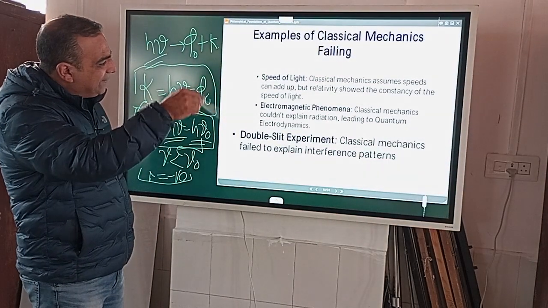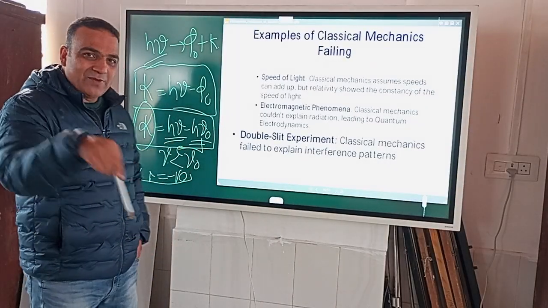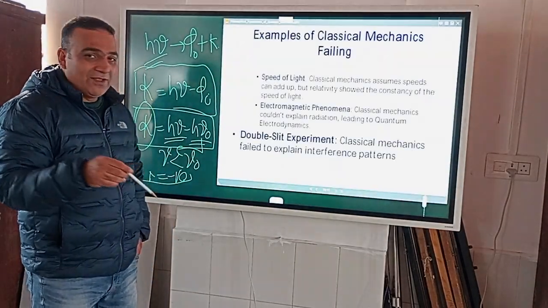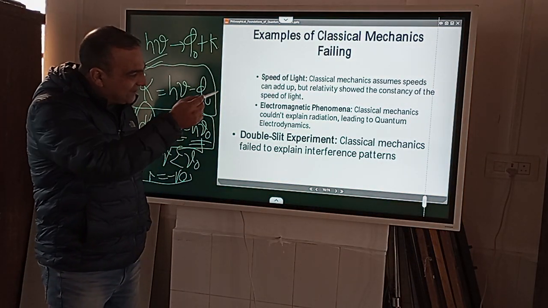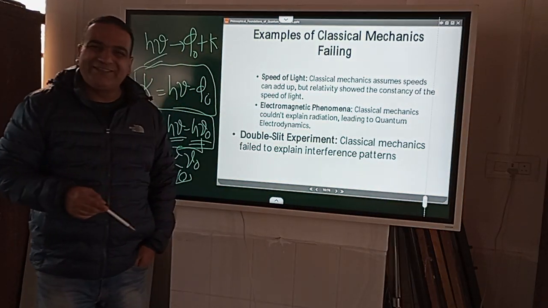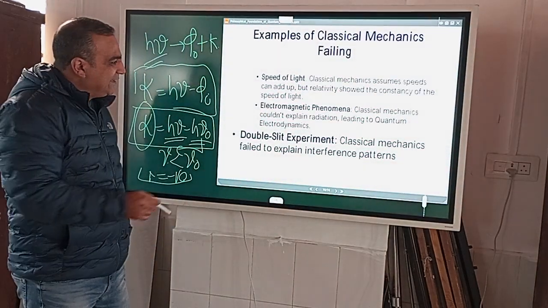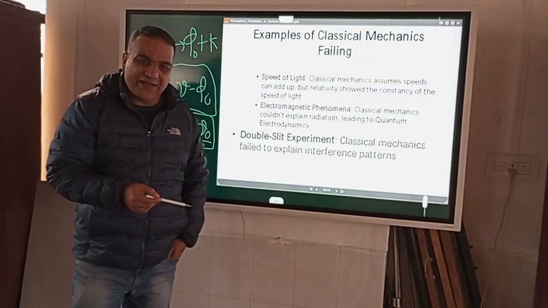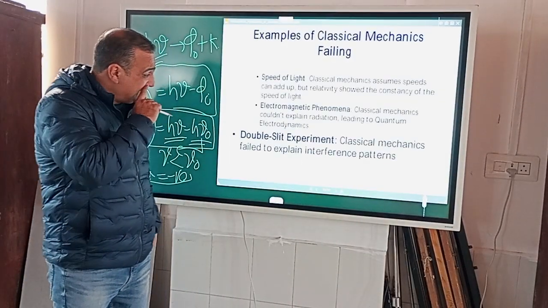Classical mechanics doesn't explain the radiation that I talked about, Planck's black body radiation and photoelectric radiation, and certainly it leads to quantum electrodynamics. Classical electrodynamics leads to quantum electrodynamics, where the problems are resolved to some extent.